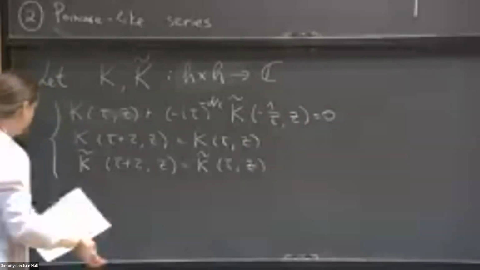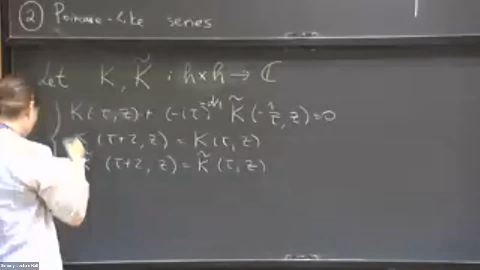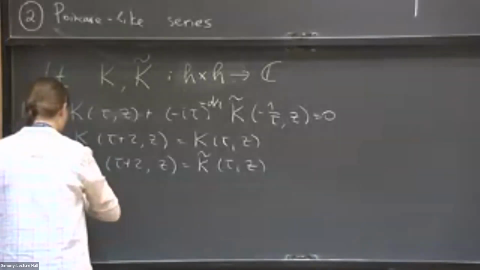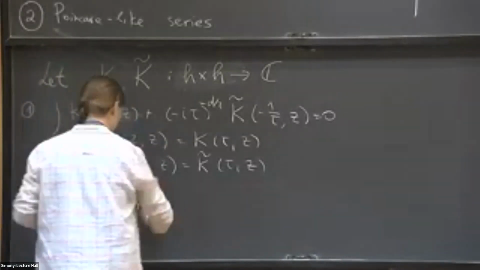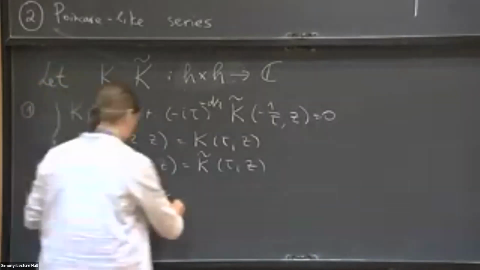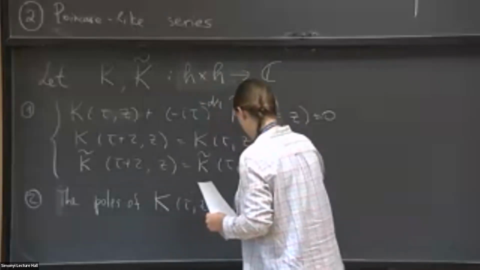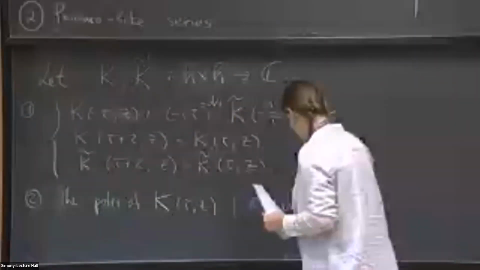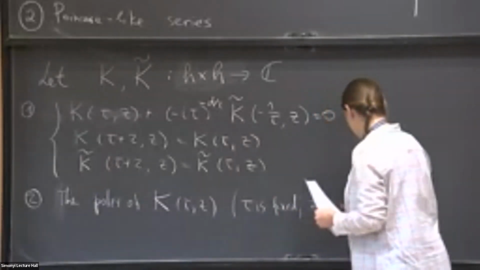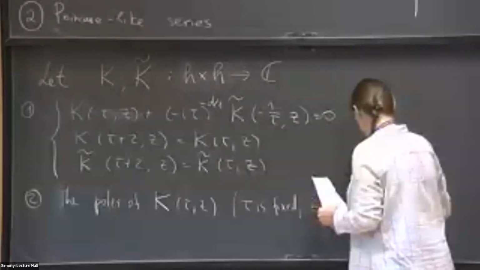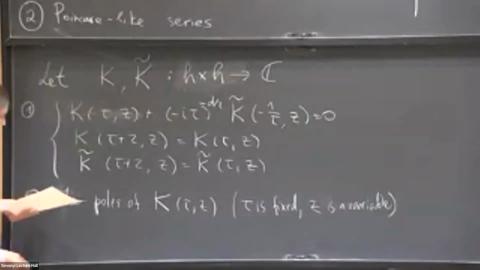We also want to have some more information about the possible poles of this function. The second condition would be that the poles of K(tau, z), where now tau is fixed and z is considered as a variable, are only simple poles.